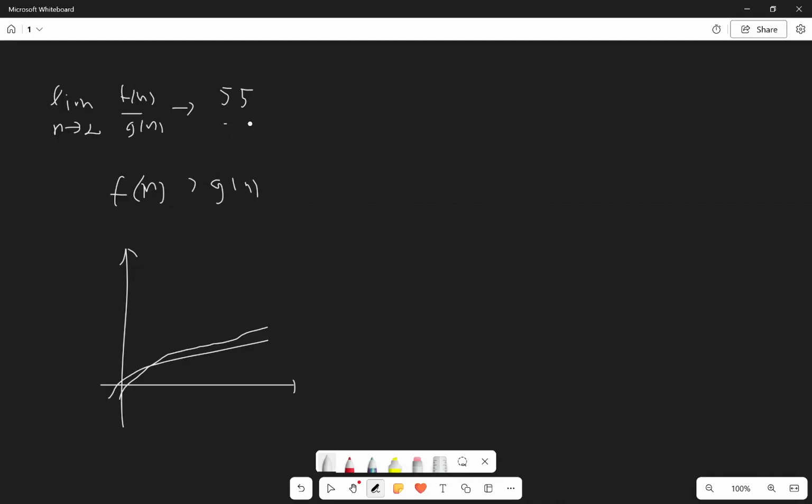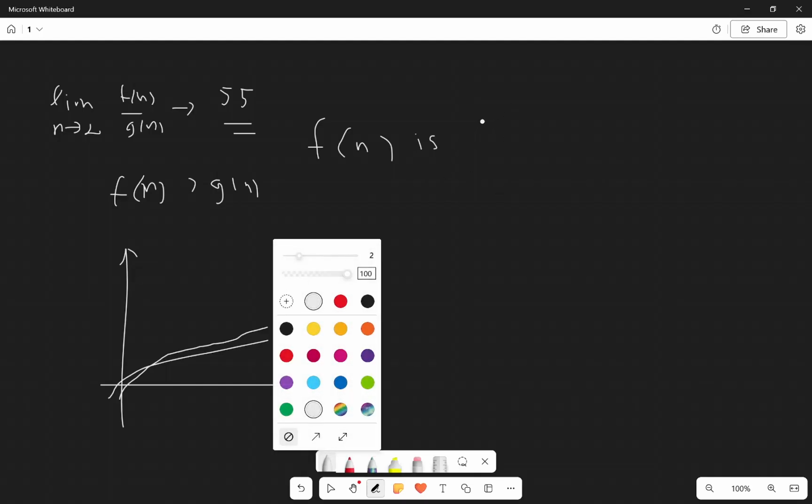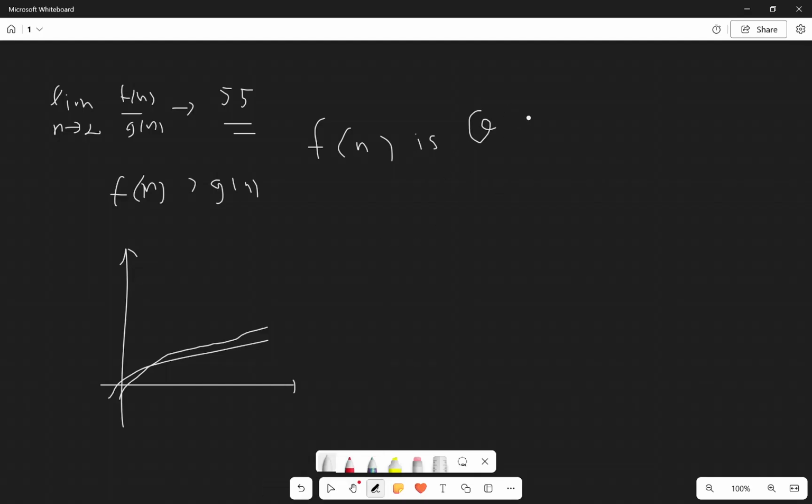So if we get a countable value like this, we can say fn is theta of gn.